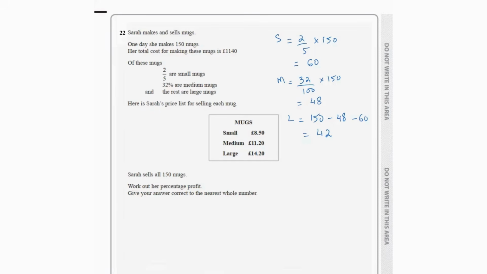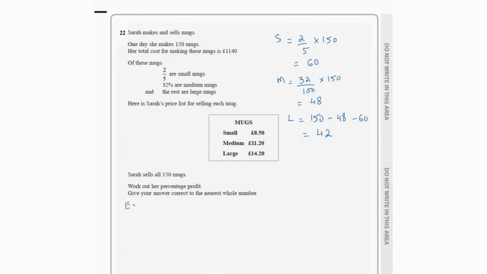They haven't specified the cost for each mug. It says that the total cost of making these mugs is 1,140. So you can find the total revenue that she's earned from selling these mugs and then use that to figure out the percentage profit.